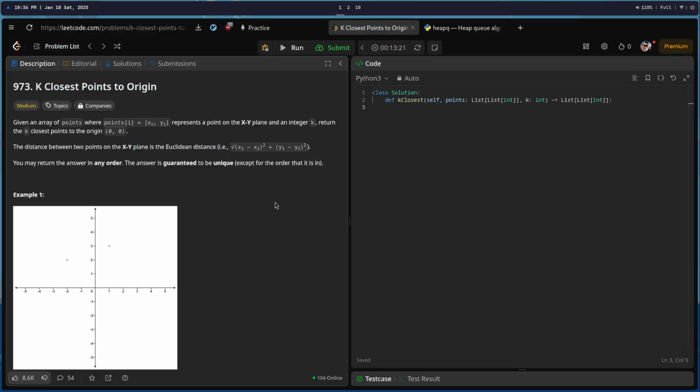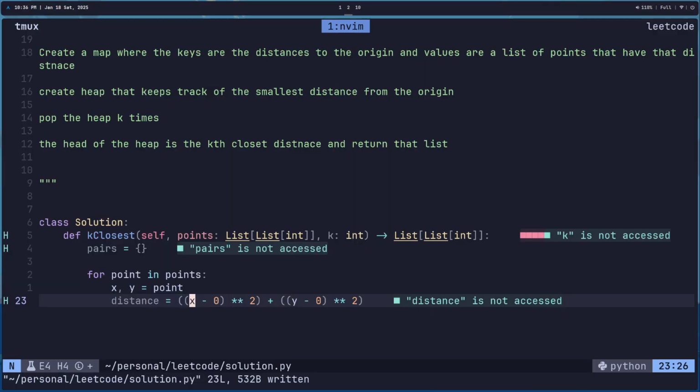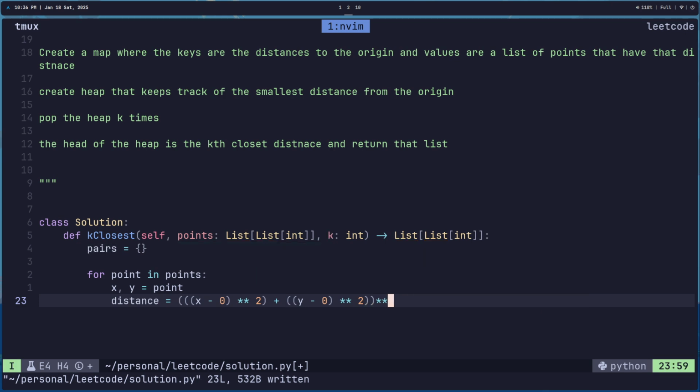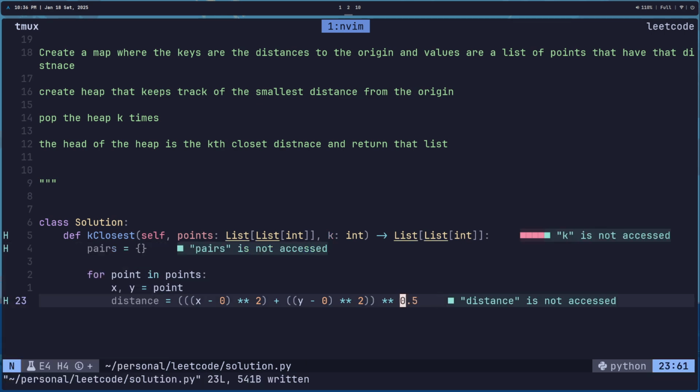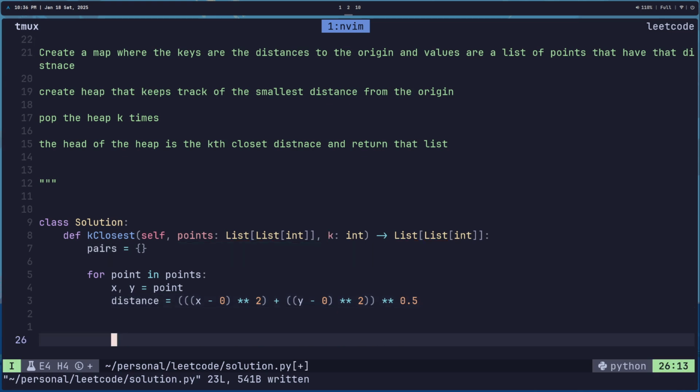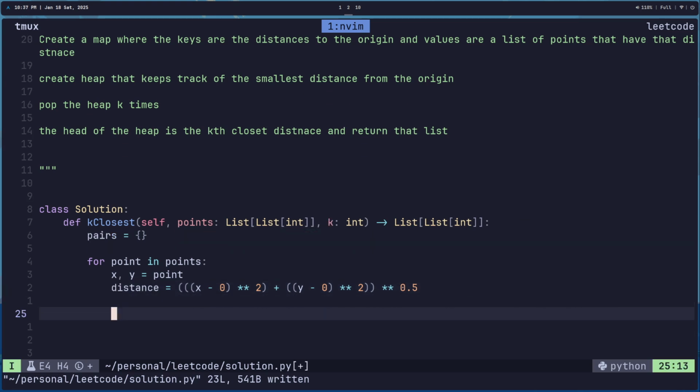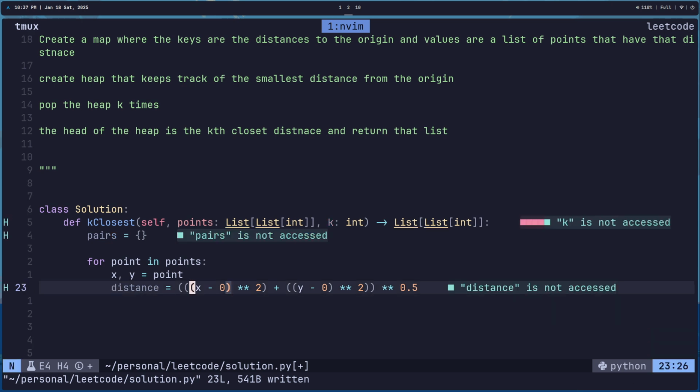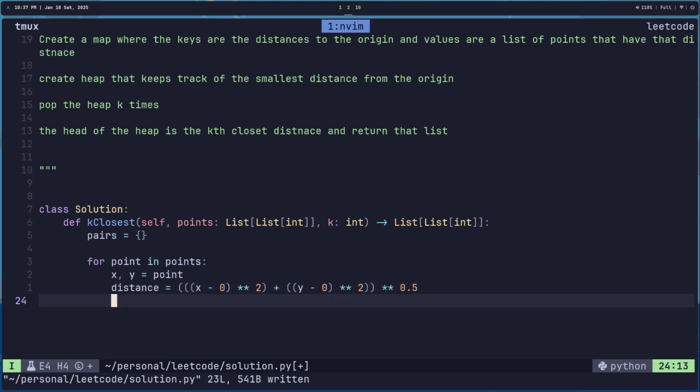And then I need to square root this, so I can multiply by 1/2, which is 0.5. Very disgusting looking formula, but that should be it, right? Wait, this is right mapping. Okay, good.